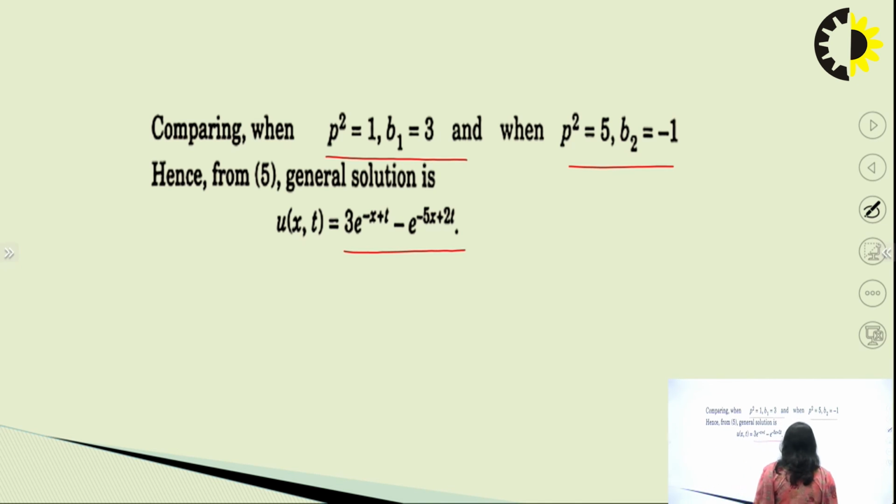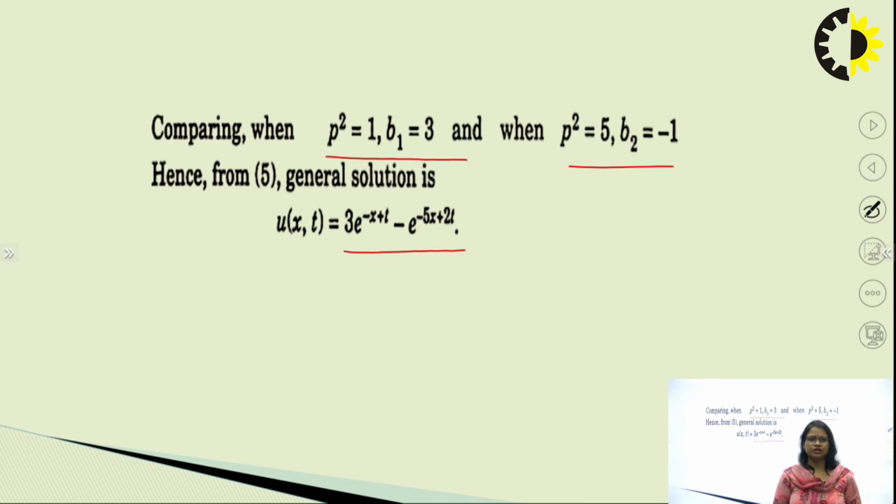So we can see how by the method of separation of variables, the complicated equations which otherwise would not have been solved by any other method can be solved by taking these equations in the form of ordinary differential equations. So this becomes much simpler.